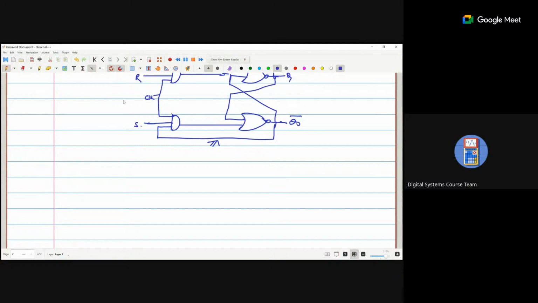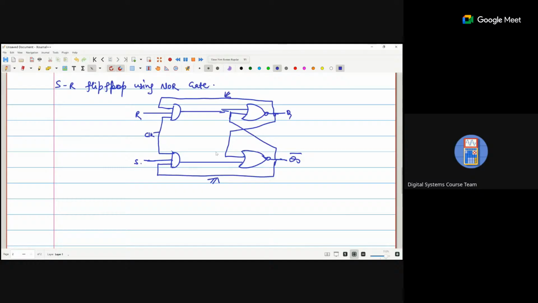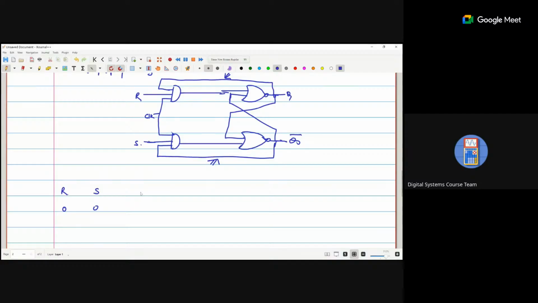Let's assume we are not connecting these two. When R and S are 0, 0, what is the output? Here we are getting 0, here we are getting 0. If any input is 0, we have to check the second, so Qn plus 1 will depend on Qn.